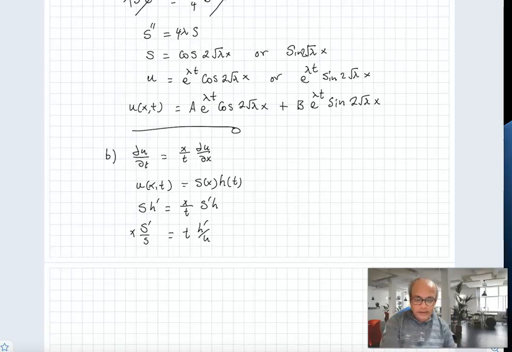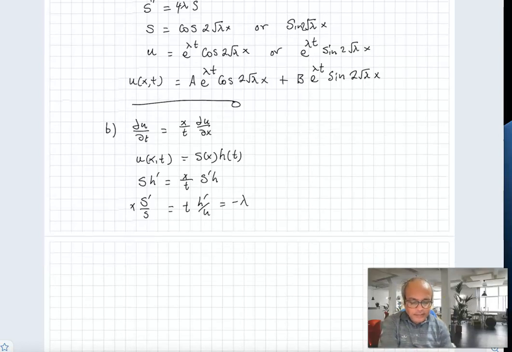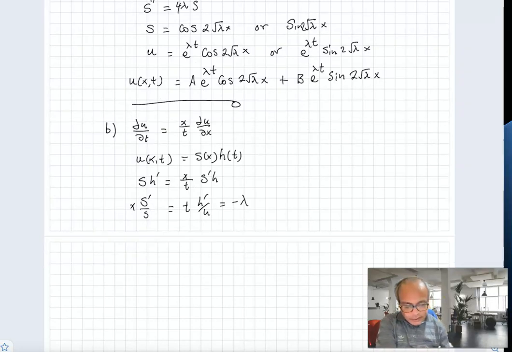So since I have x times s prime by s on the left hand side, and on the right hand side everything is t, left hand side everything is s, I can write it equal to lambda or equal to minus lambda. I'm going to write minus lambda just from some experience, it doesn't matter. Then I have two subproblems.